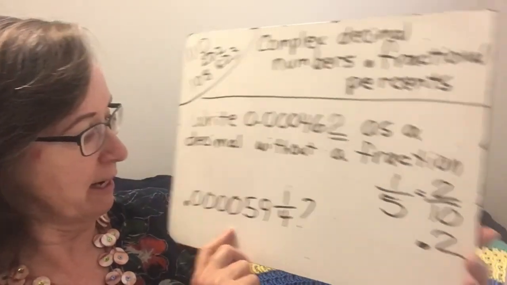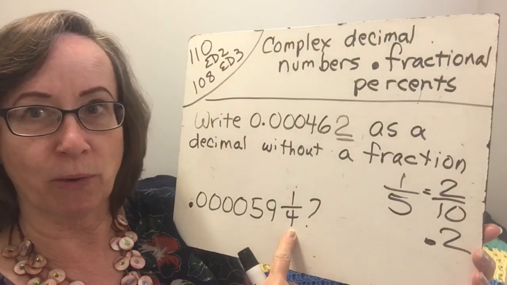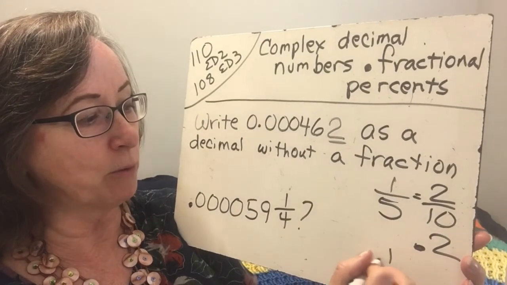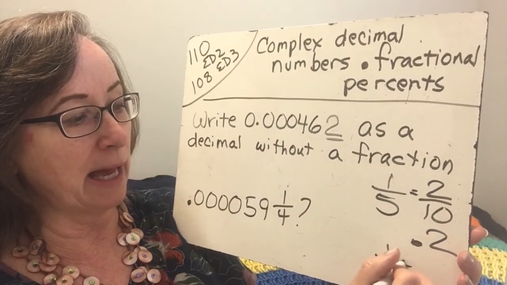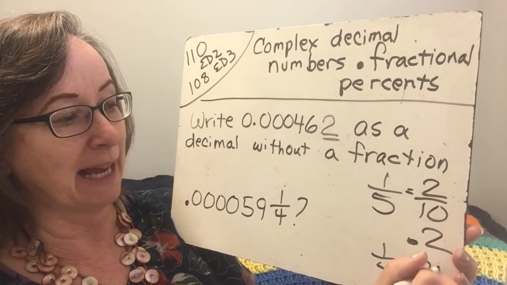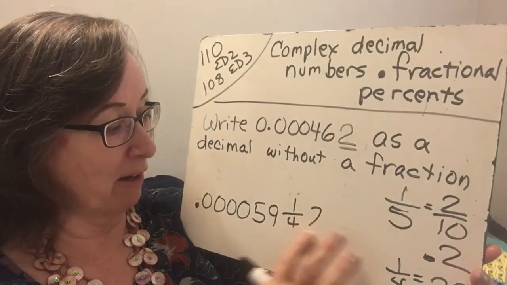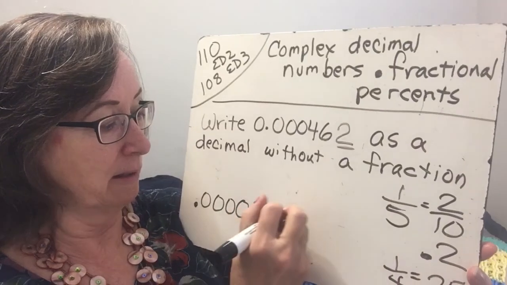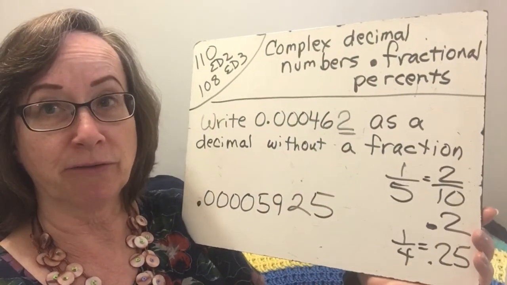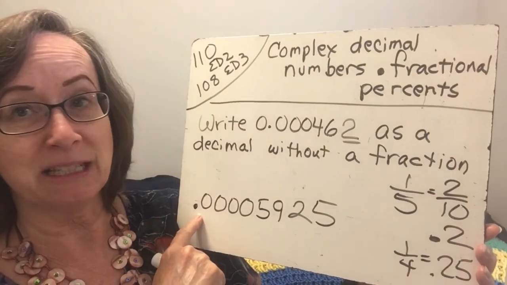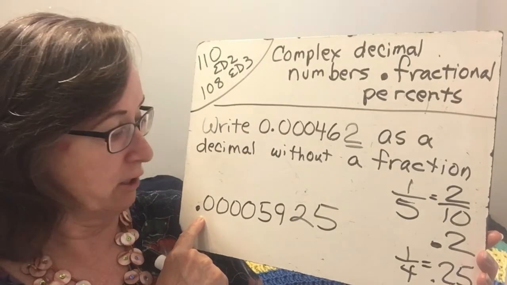All right, so now here we have 1/4. Well, we know that 1/4 is the same as 0.25 as a decimal. So what do we have to do? We take off the 1/4 and we put a 25 because the decimal over here is not going to change.